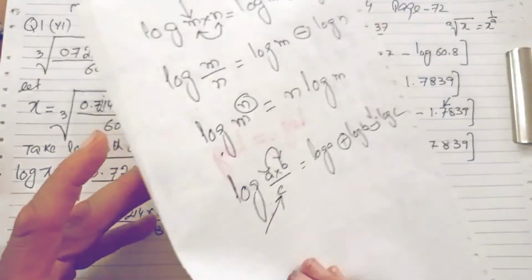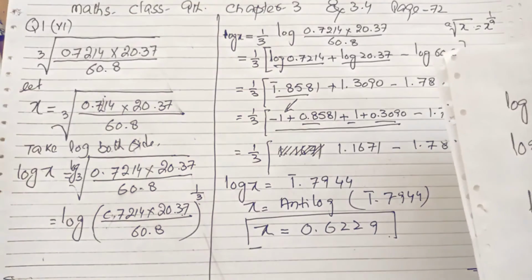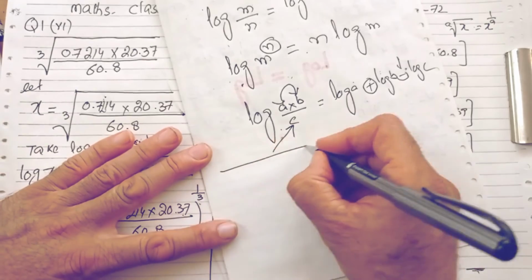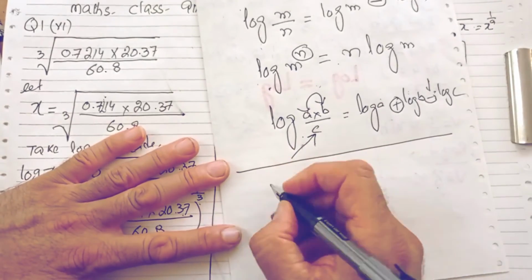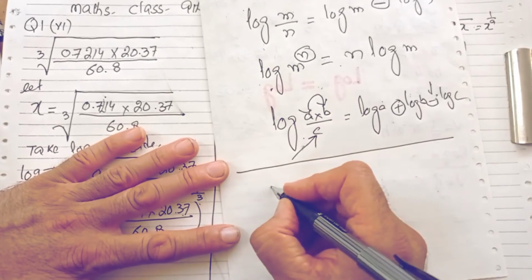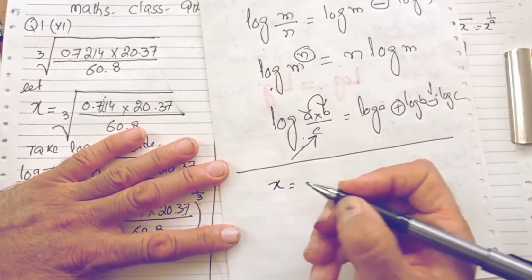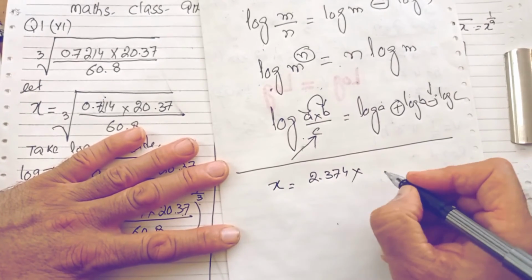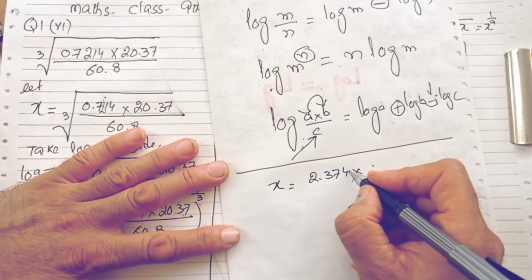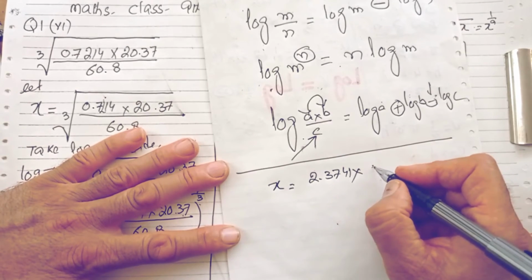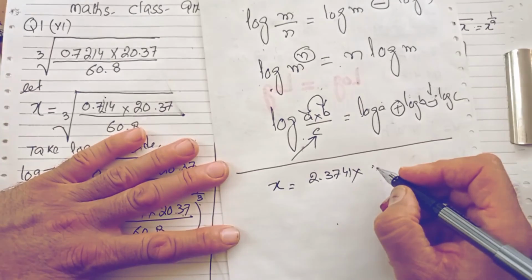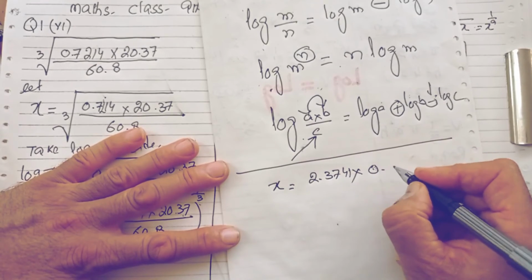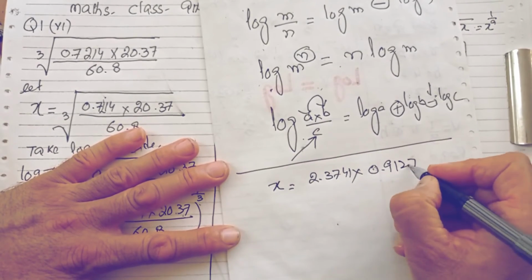So once you know the formula, it will be easy for you to apply it. Once you apply it on a sum, first of all you suppose that the given expression is equal to x, with the terms such as 2.37 and 0.9127.